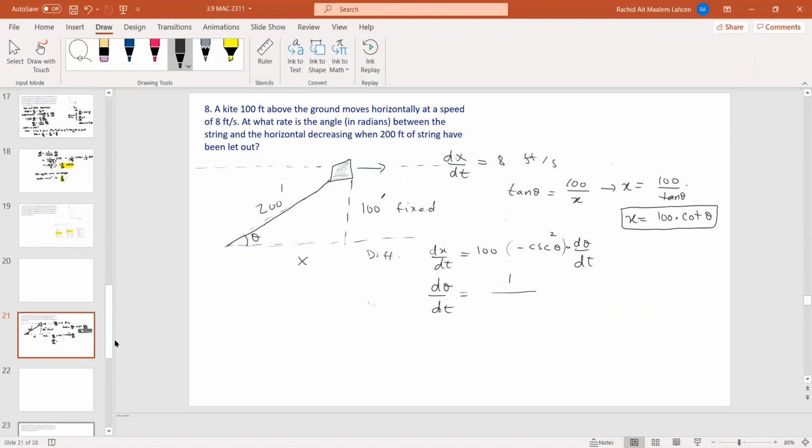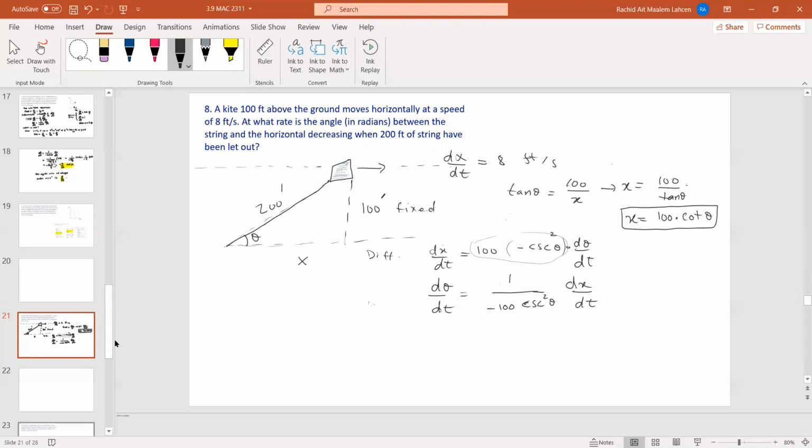So we will divide by negative 100 cosecant squared theta on both sides to get d theta dt on one side.